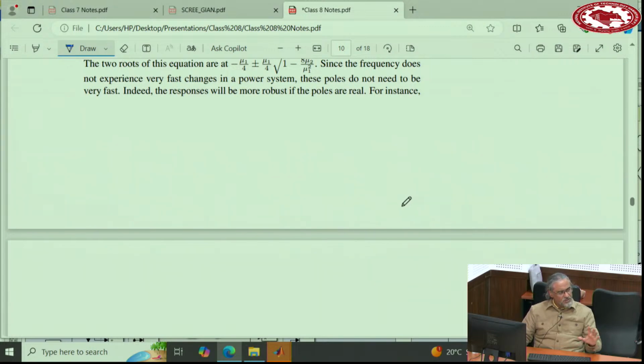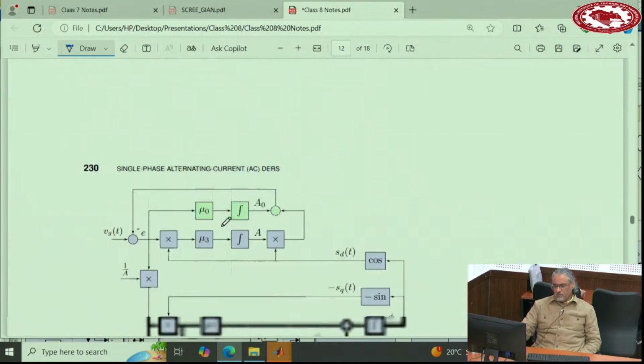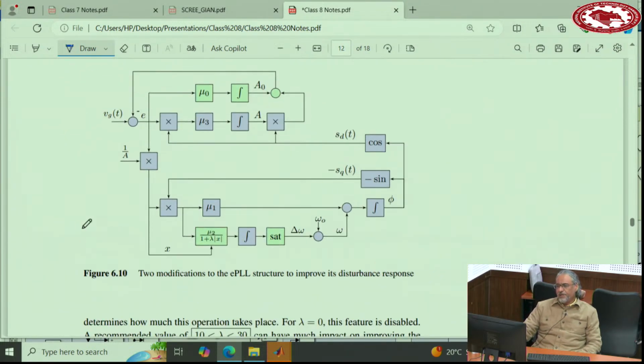In simulations, no, not necessary, but really in practice, and you will see why. So, two modifications to the PLL. And they are shown here. One is here, another one is here.